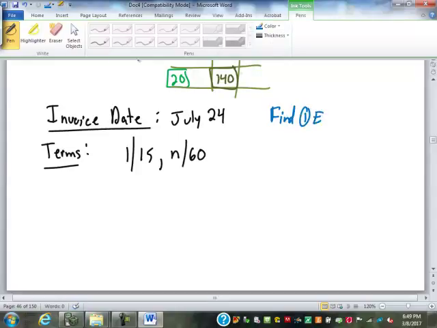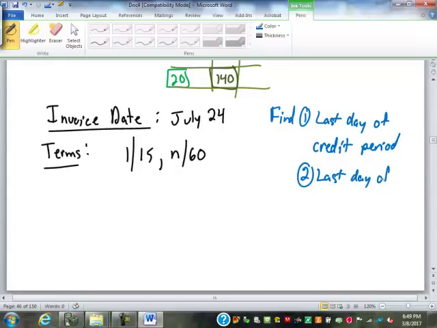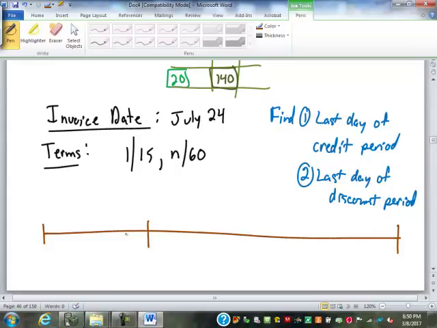Find the last day of the credit period and the last day of the discount period. So on our timeline, remember we have the invoice date, we have the end of the discount period, and we have the end of the credit period.